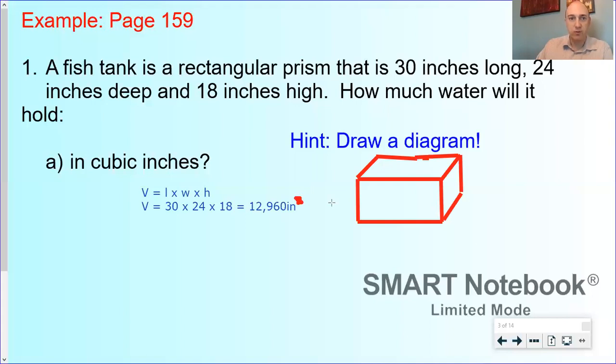Probably won't be broken on the back, hopefully, or else your fish are going to escape. No, this should be 24. This was 30. Right, 30 by 24 by 18 is 12,960 inches cubed.